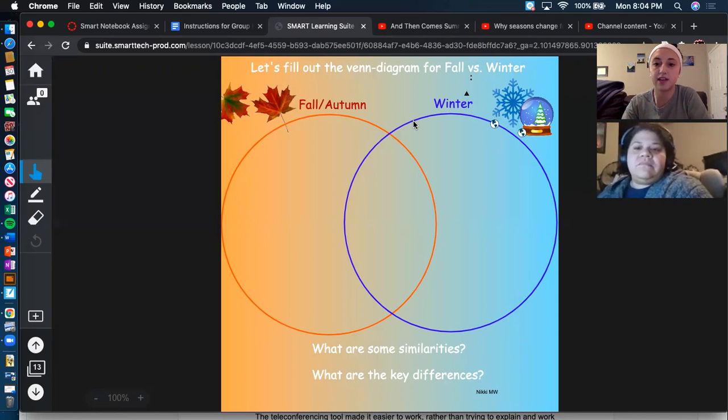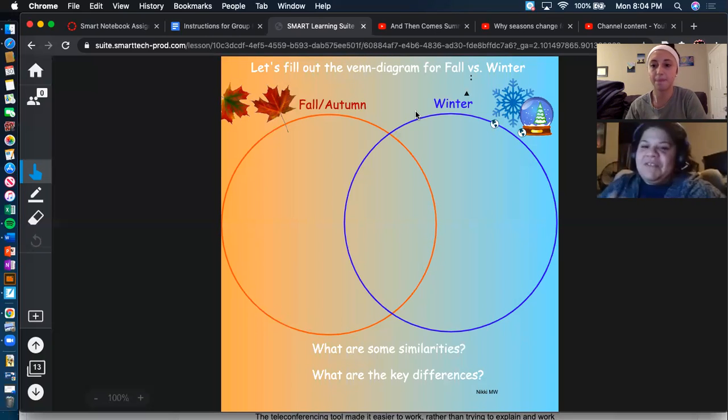You can have debates through the class. You can even divide the groups into fall and winter. A group is fall, a group is winter, and they can debate and exchange opinions about the similarities and differences. That would be nice. And then they can write in one point for fall, one point for winter.